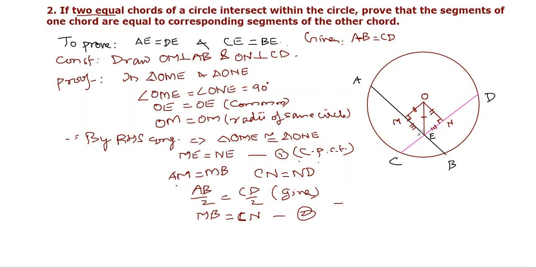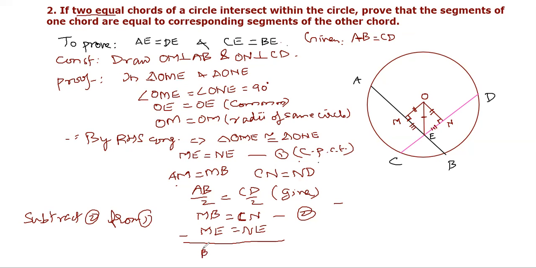Just simply subtract the second from the first equation: MB minus ME, where ME is equal to NE, will be equal to BE.